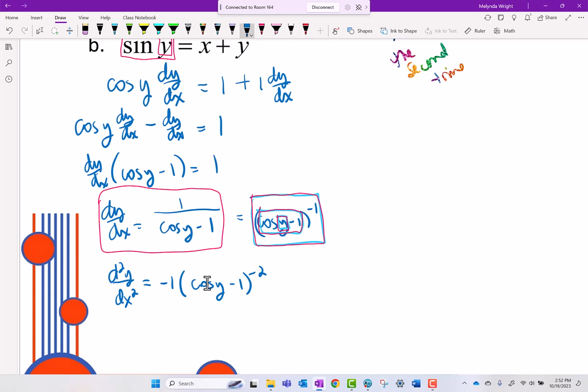Okay, so the derivative of cosine y, the derivative of cosine is negative sine. Copy paste the y. The derivative of y is dy dx. The derivative of negative 1 is 0. Okay, so that's the middle. And I actually changed this already. This is that.